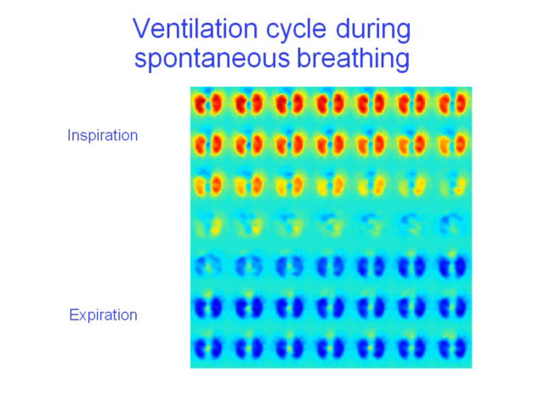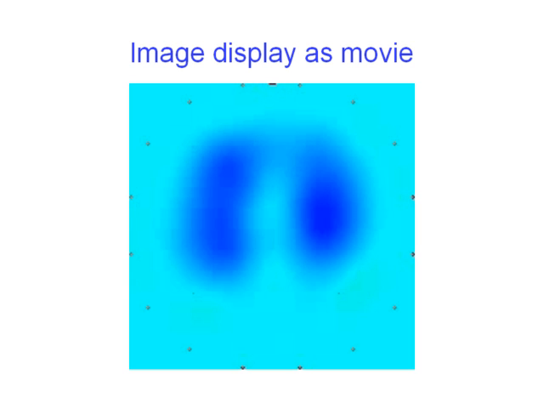So when you look at the ventilatory cycle of spontaneous breathing, expiration, inspiration, you see an increase in ventilation, a decrease. And at the bedside, it will look like that. It's a dynamic image, and you can see how this healthy volunteer is breathing.